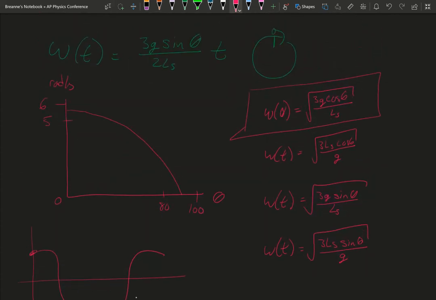But then you would sit there and look at your units, and you needed radians per second. And since your g is meters per second squared, and divided by your length, you were able to convert and actually get radians per second.